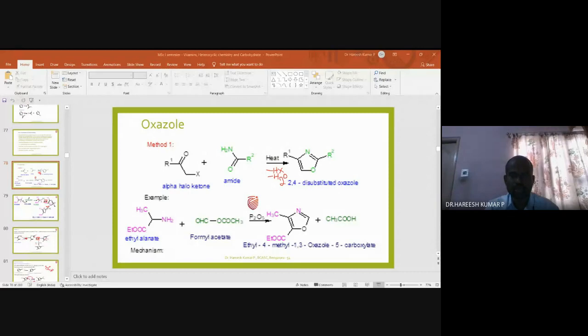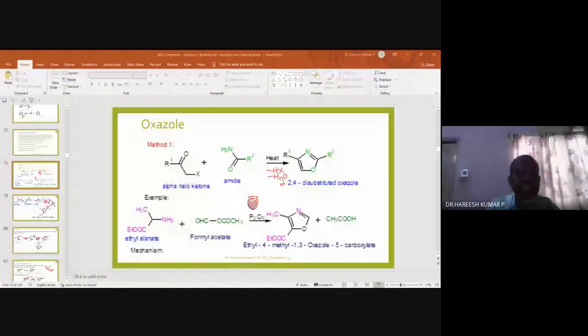This oxazole can be synthesized, prepared, manufactured or produced in a laboratory or in the plant. It can be started with a compound. What is the name of this compound? This is a carbonyl compound, and adjacent to this carbonyl, this carbon is called the alpha carbon, and X is equal to halogen.